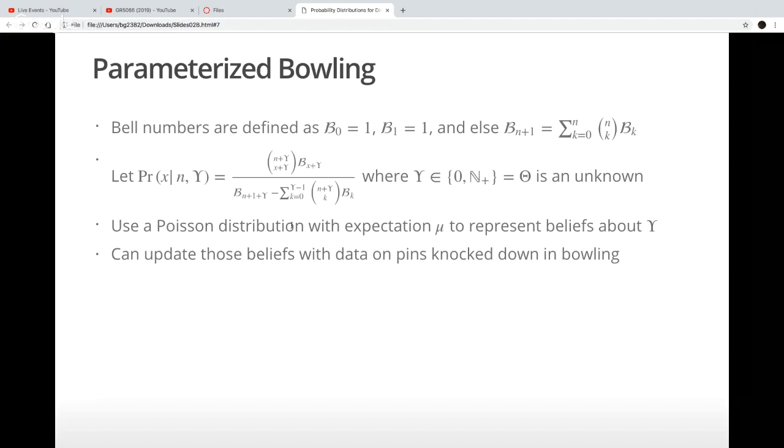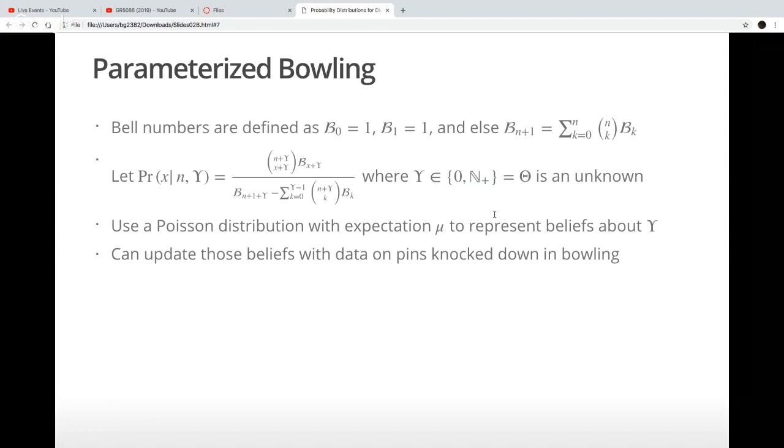So upsilon is an unknown parameter to us, but it can take on any of the non-negative integers. And so that space that upsilon comes from is known as a parameter space, because upsilon is a parameter. And the parameter space is often denoted by this Greek letter over here, which is theta. One out of two, not bad.